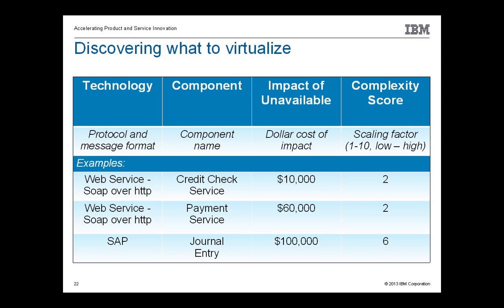And when you start to determine what you're going to virtualize, we really recommend building out a table like this of all the different components in your system, understanding how complex it would be to virtualize that component, and then understanding what is the financial impact, either through the infrastructure required to stand these up, or perhaps it's a third-party access fee that you have to pay each time you touch that transaction, or the cost or the time involved in standing this up.